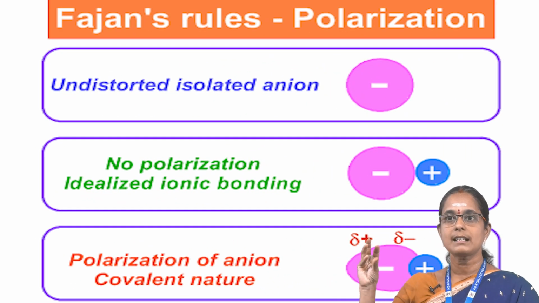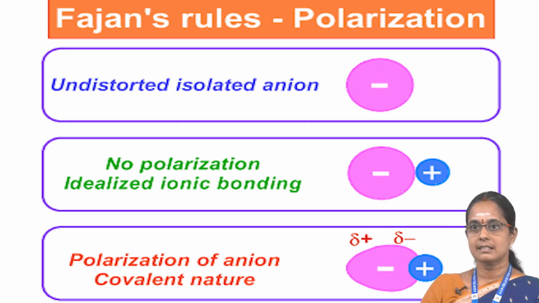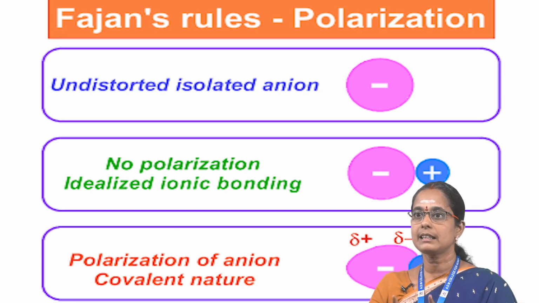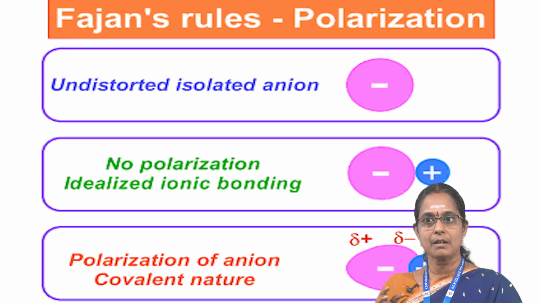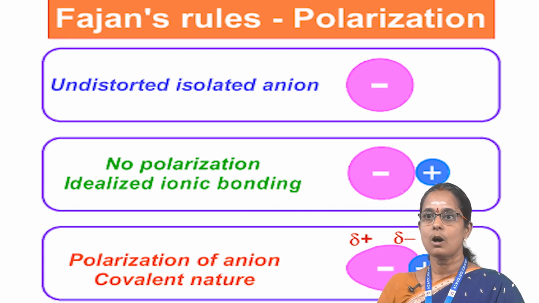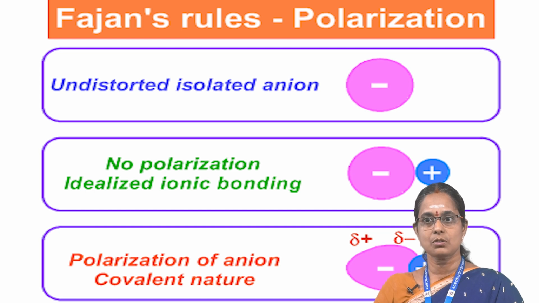Now, let us see the statement of Fajan's rule. Fajan stated the various factors affecting the magnitude of the polarizing power of a cation and the polarizability of the anion. This is known as Fajan's rule.